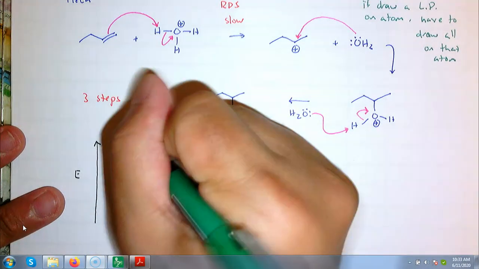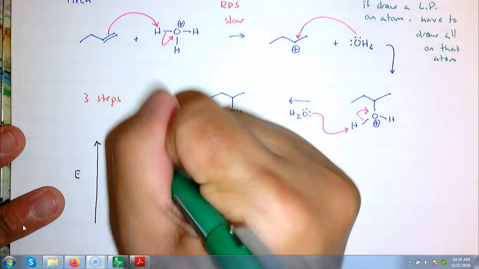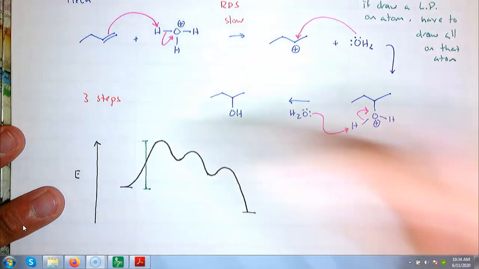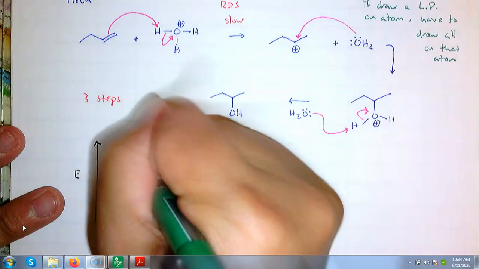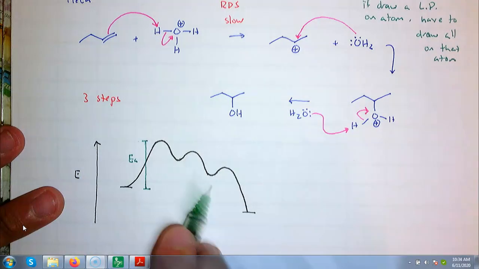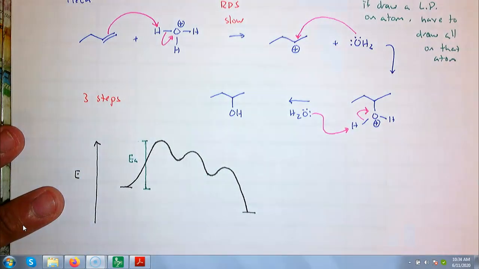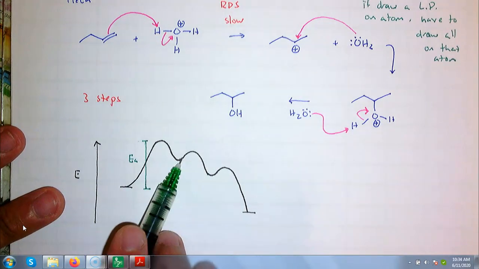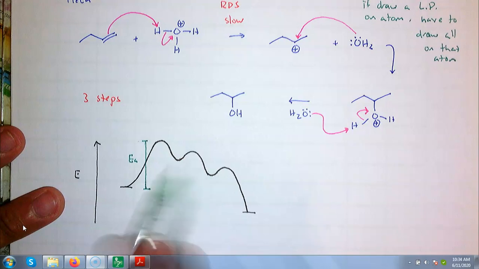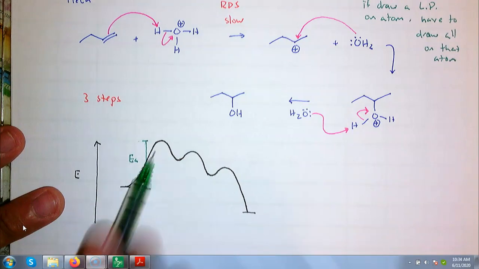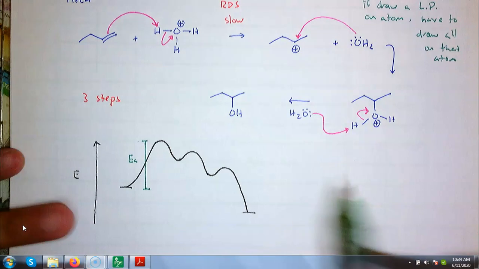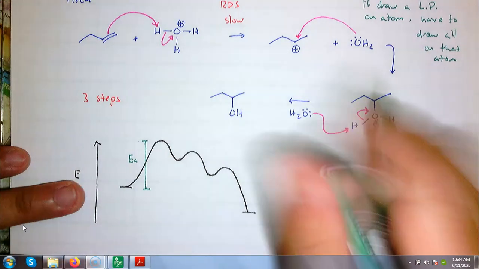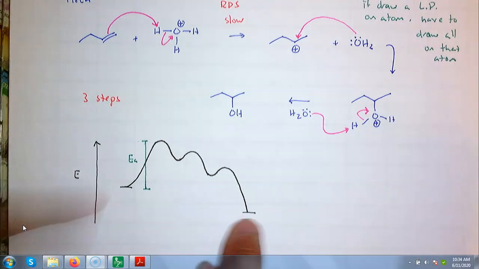So just because we know the first step is rate determining, this distance right here, this activation energy, has to be bigger than the other 2. Okay. We're not going to make a distinction between the height of these 2 hills. They just have to be smaller than this hill. All right. We should assume that the product is lower in energy, so ultimately we have this line here.